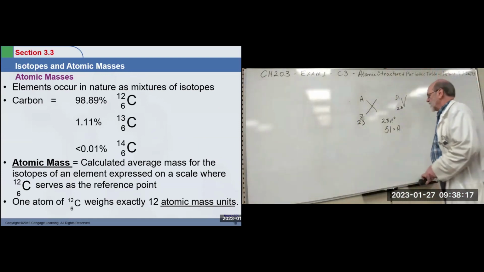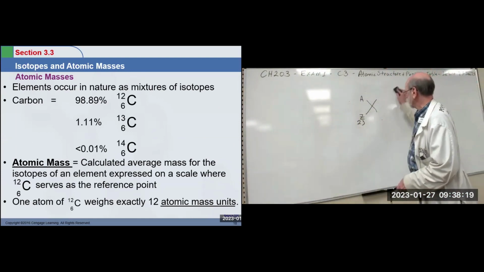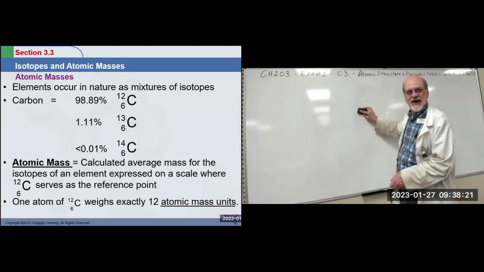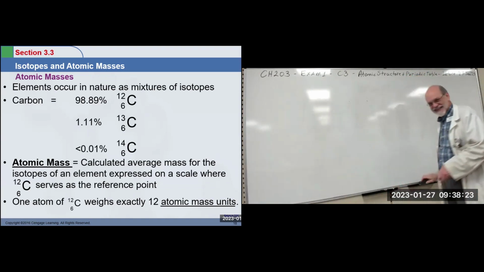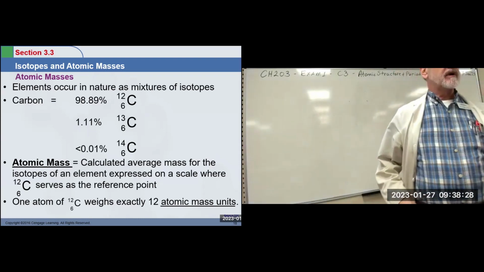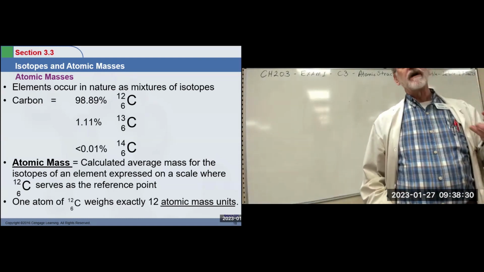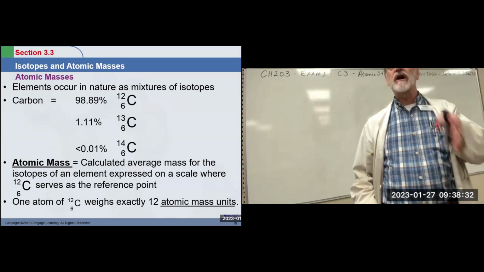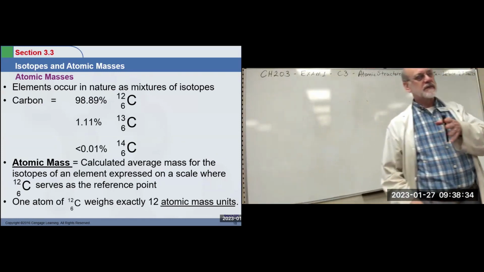Now, here's where students get confused, if you're not already confused. The mass number is always a whole number, and it's the summation of the number of protons and the number of neutrons.